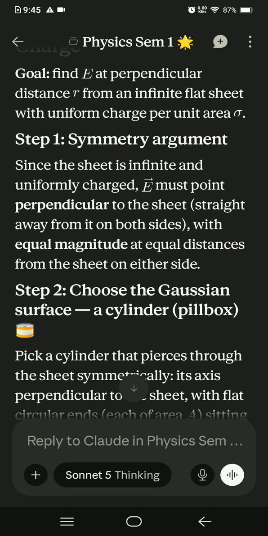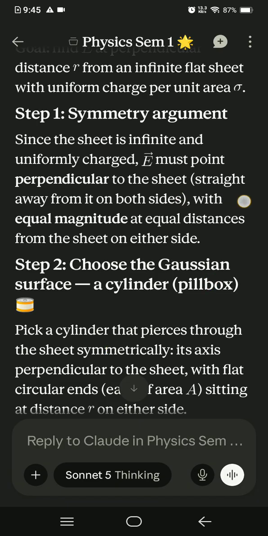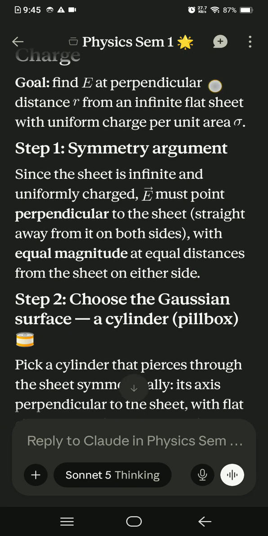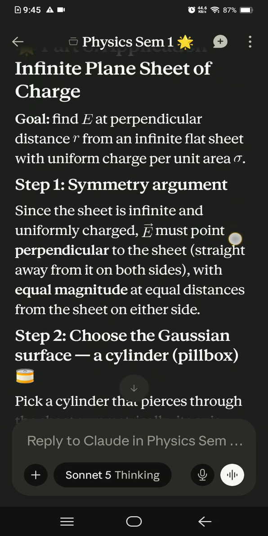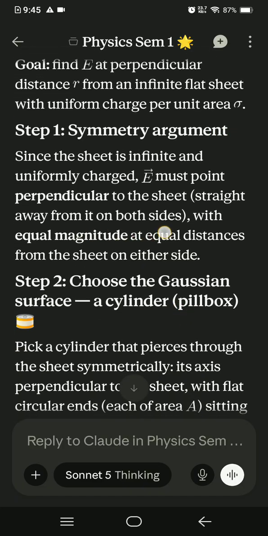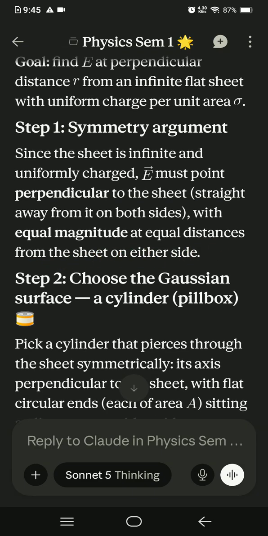Okay, so the symmetry argument: since the sheet is infinite and uniformly charged, E must point perpendicular to the sheet, straight away from it on both sides, with equal magnitude at equal distances from the sheet on either side.